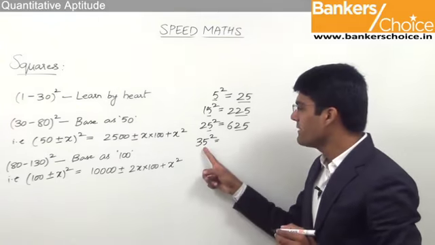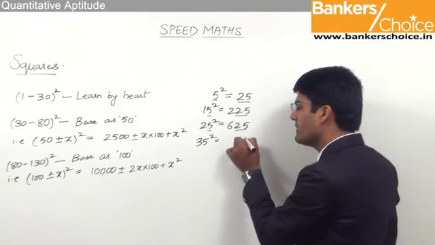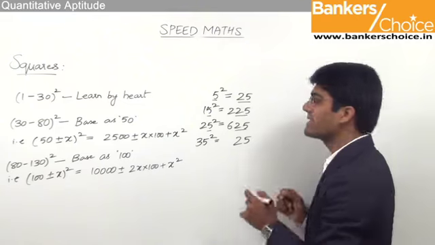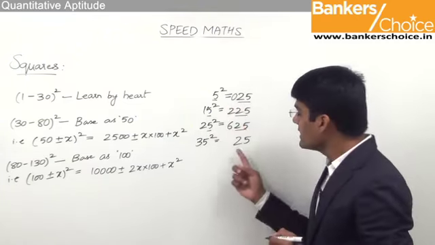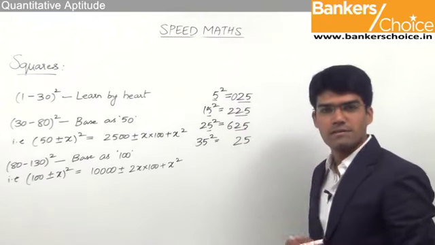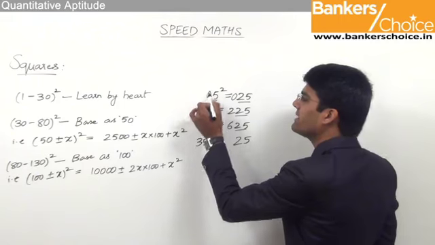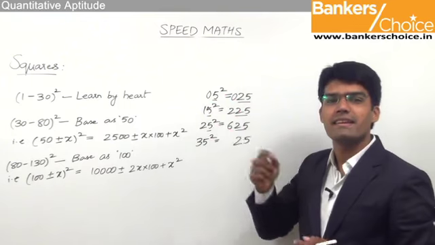So if this number is ending with 5, we are sure that the answer should end with 25. So 35 square has to end with 25. The only concern is what the remaining part of the answer is. For example, here it's 0, here we have 2, here we have 6. So how to get the remaining part of the answer in case of 35 square? That can be understood as follows. If you look at this, the number here is 0, 5 whole square. So this tens place into the next higher integer.